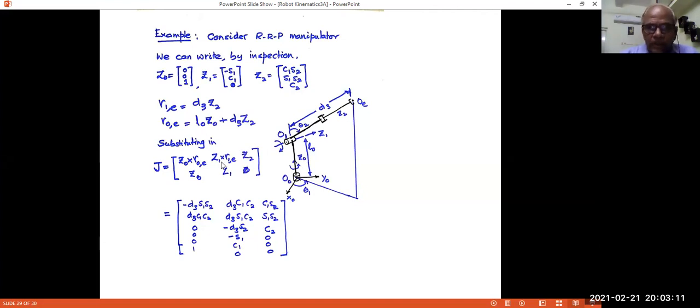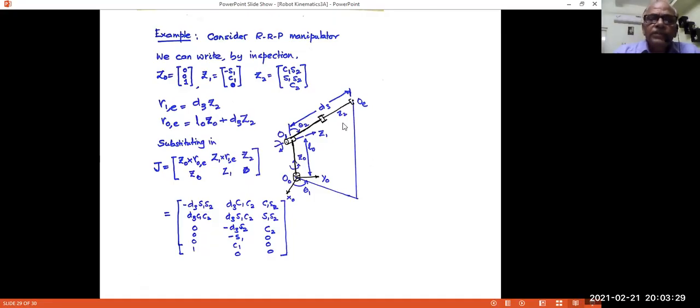All that exercise will definitely be required when you go beyond 3 degrees of freedom. Once you have 4, 5, 6, naturally that will be very much required. Computationally you go through this, and of course that will be done by a computer.